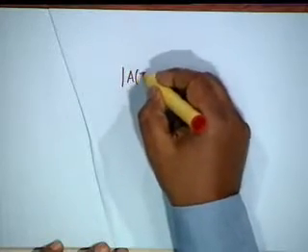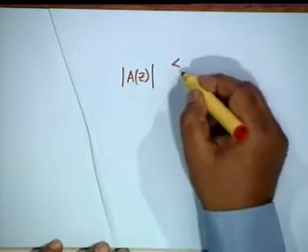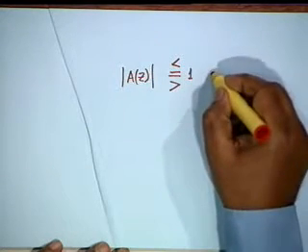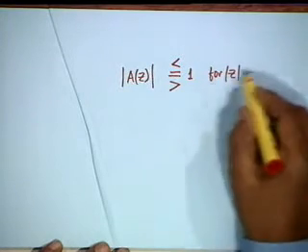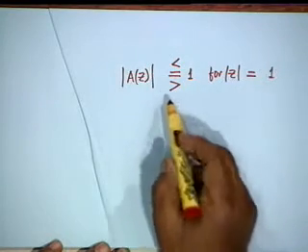But the property is that the magnitude of A(Z), where Z is a general complex variable, R e to the power j phi, is less than, equal to, or greater than 1 for mod Z. Obviously, the middle term should be equal. Agreed?